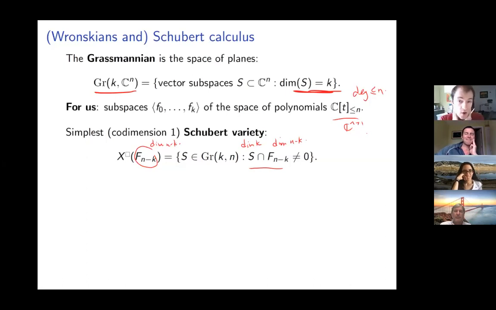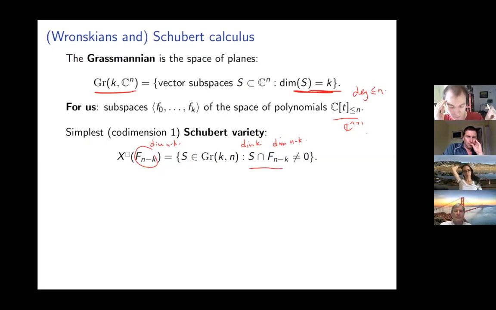If you think about linear algebra, typically a k-plane and an n minus k plane in Cn will be linearly disjoint, so they'll only meet at 0. The condition we'll impose is that that should not happen. We instead want the k-plane to touch the n minus k plane. This is an incidence condition. It's saying that a certain determinant is 0.